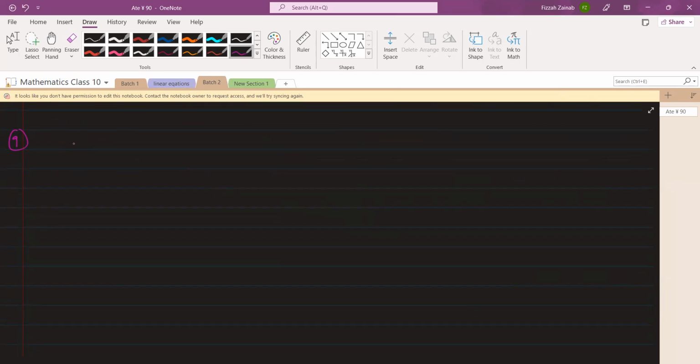So they give you something like this: if x is equal to a sine theta, and y is equal to b tan theta, then prove that a square divided by x square minus b square divided by y square is equal to 1. So it's simple, just put the values of x and y and try to solve it.